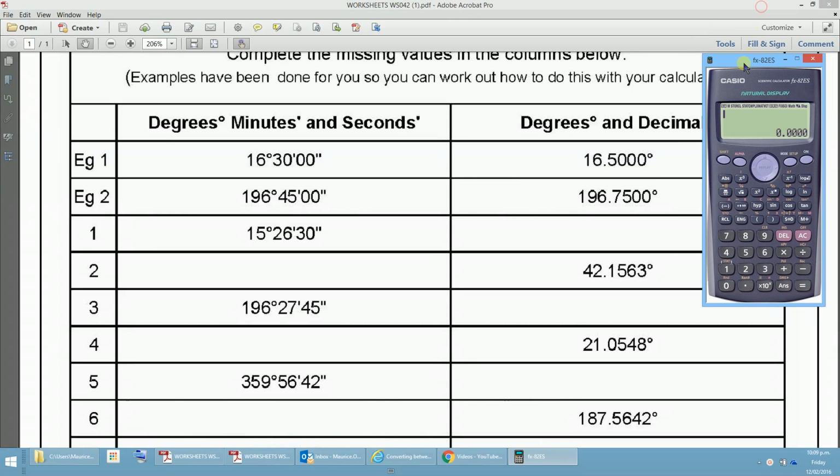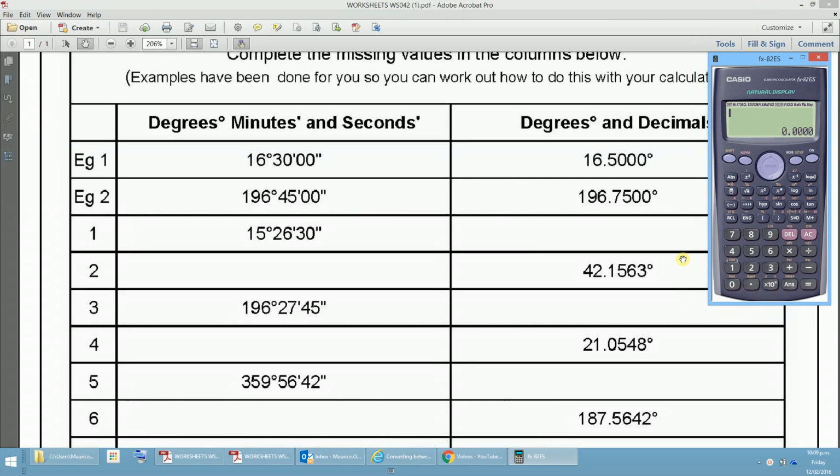So here's our calculator. The first thing we need to do is make sure that we are in degree mode. The way to do that is to go to shift mode, and you can set the mode 3, and that's degree mode.